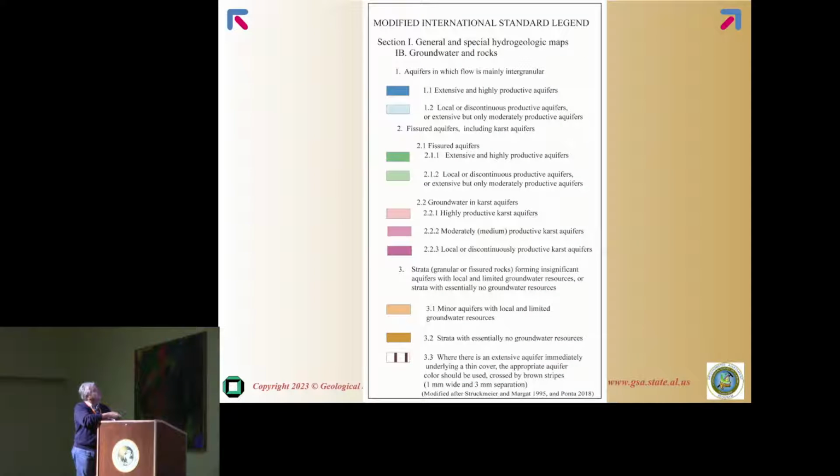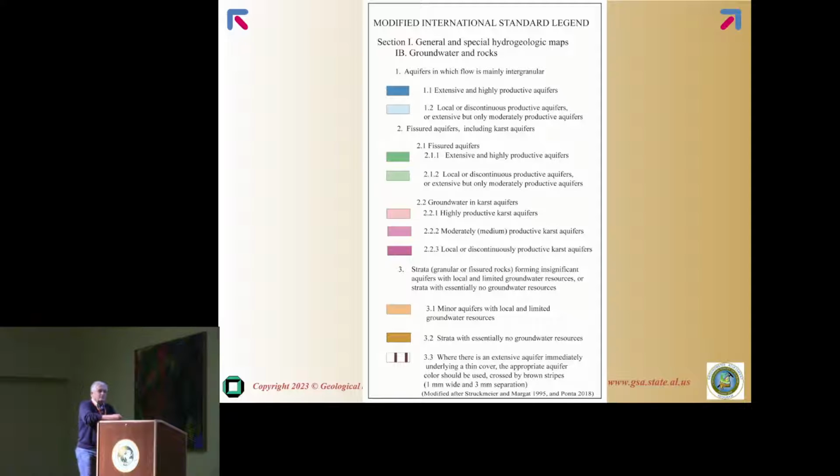A few words about this legend. I modified the international standard legend. In the original standard legend, the limestones were included in the category fissured aquifer, where they are using a range of green color.